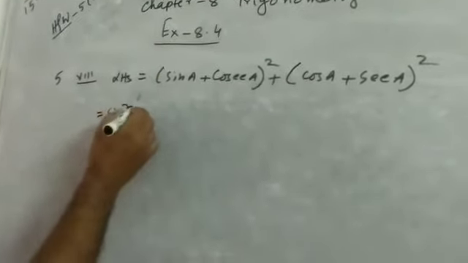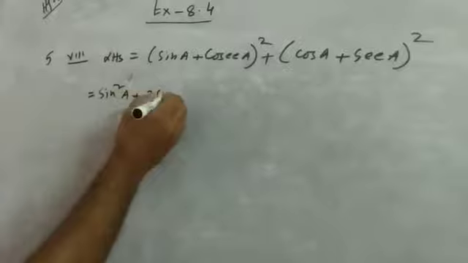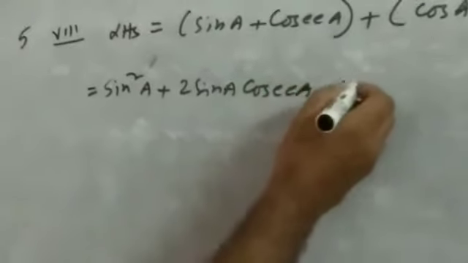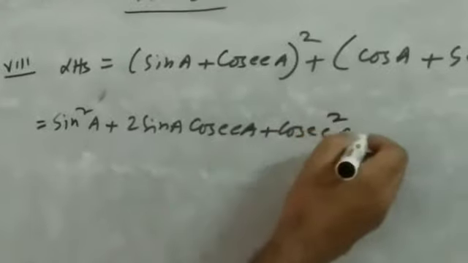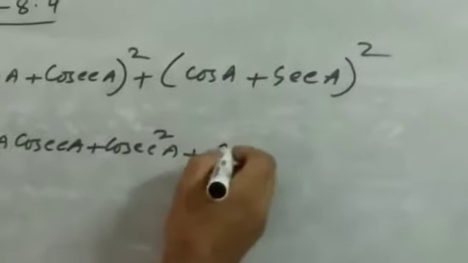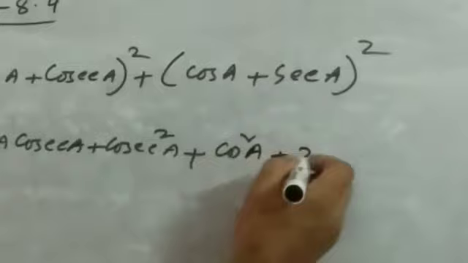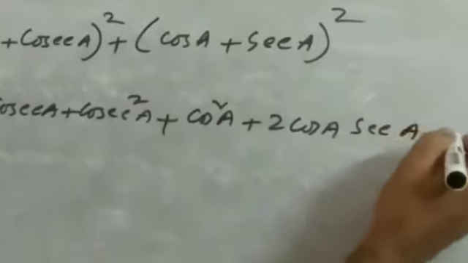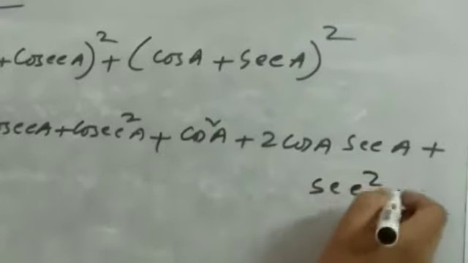So sin square A plus 2 sin A cos A plus cosec square A, and this one is cos square A plus 2 cos A sec A plus sec square A.